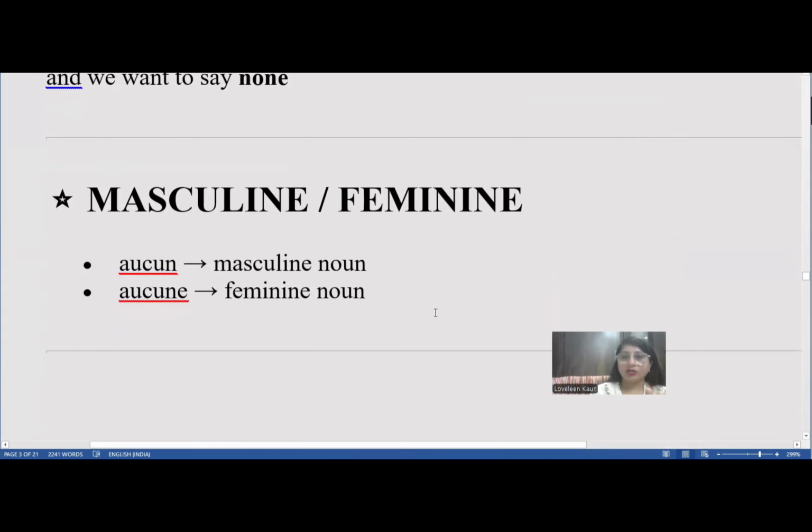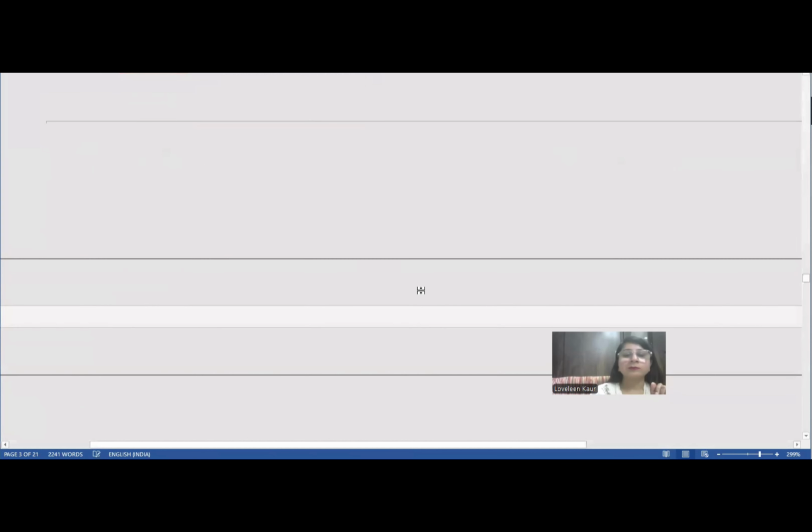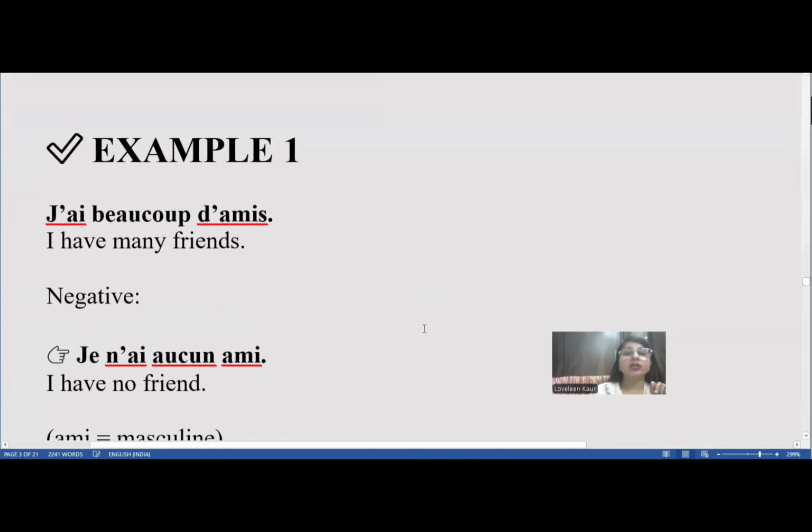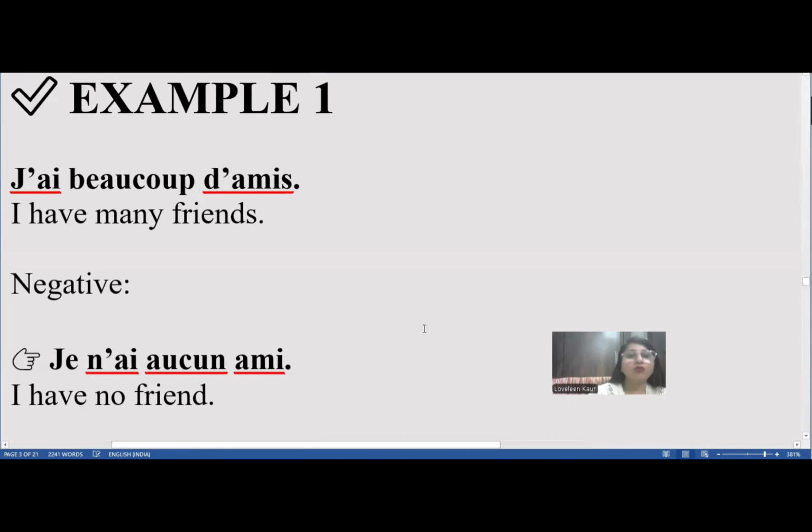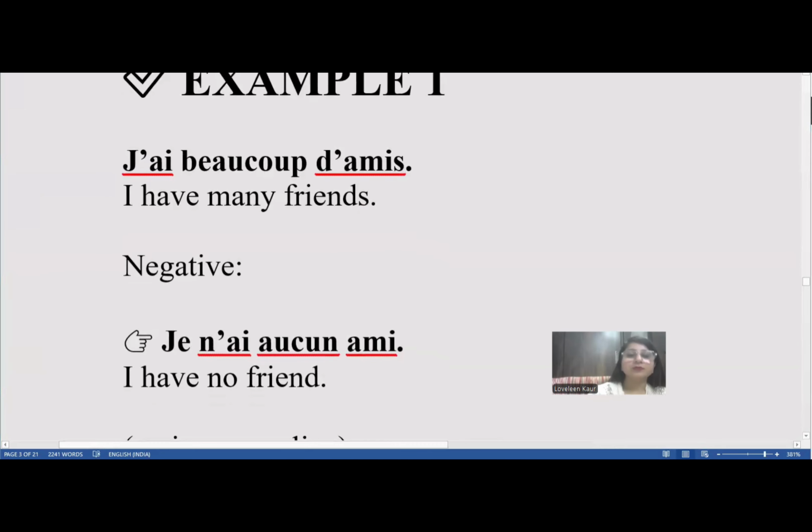Aucun we use for masculine things and aucune we use for feminine things. For example, if it's given, j'ai beaucoup d'amis, I have many friends, and you want to say, I don't have any friend, or I have no friend, then in the negative sentence you'll say, je n'ai aucun ami.